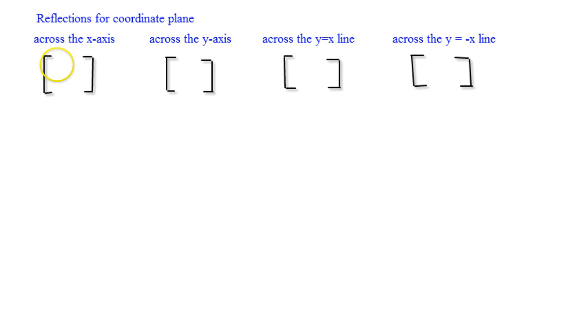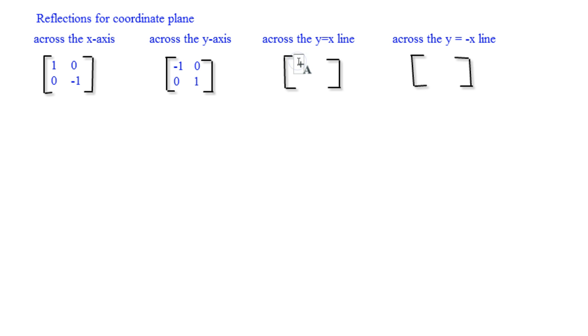Now, talking about reflections for coordinate planes. If we were reflecting across the x-axis, we would multiply by 1, 0, 0, negative 1. If it was across the y-axis, and obviously this is just for 2 by 2 and coordinate plane stuff, it's negative 1, 0, 0, 1.